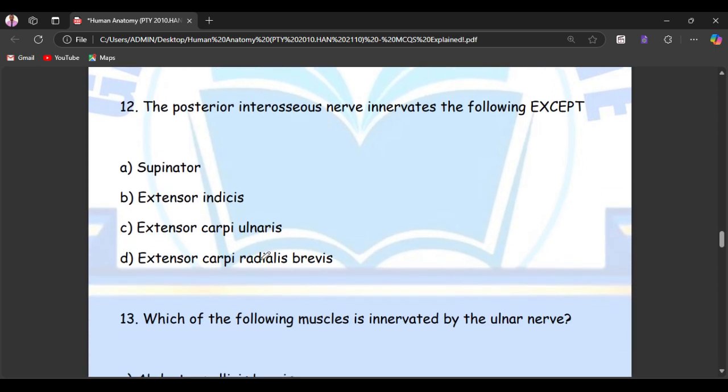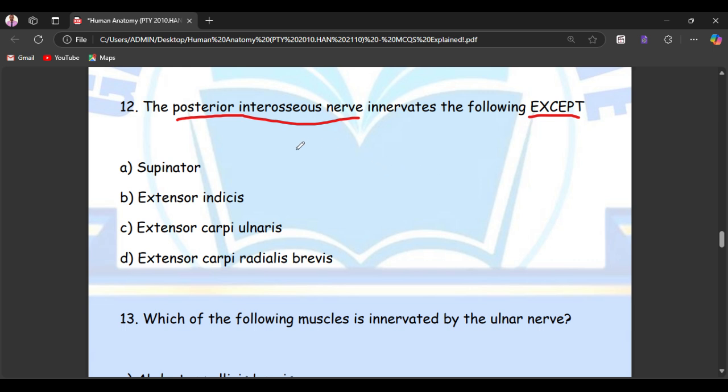So we go to question number 12. The question says the posterior interosseous nerve innervates the following except.